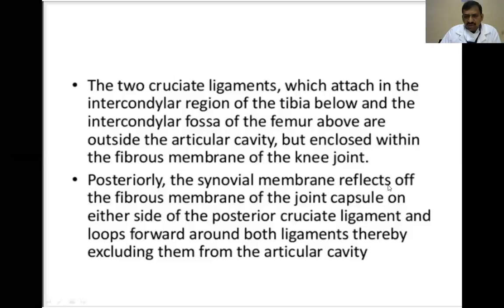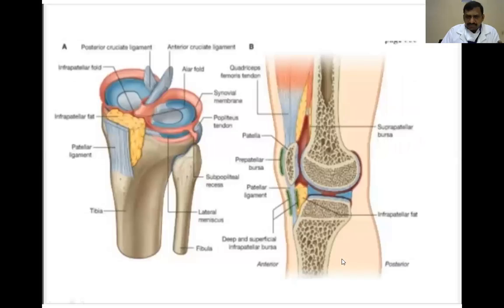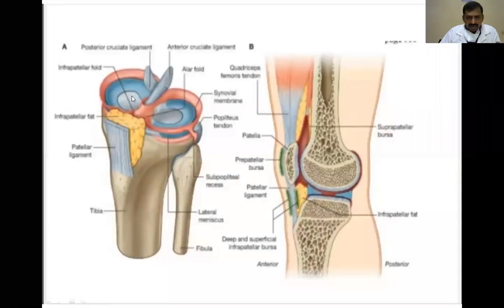Posteriorly, the synovial membrane reflects off the fibrous membrane on either side of the posterior cruciate ligament and loops forwards around the ligaments, thereby excluding them from the articular cavity. You see these are the two cruciate ligaments. These are the menisci, the blue colored ones, and this is the glenoidal labrum.